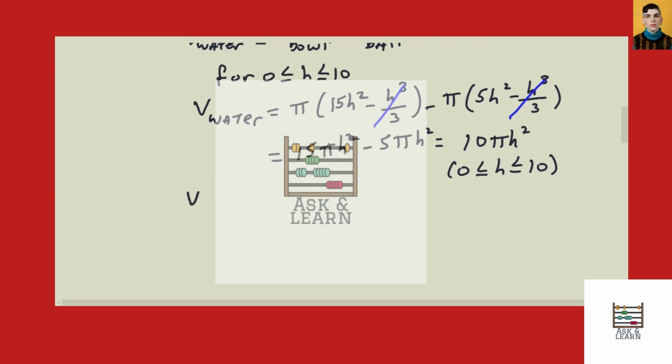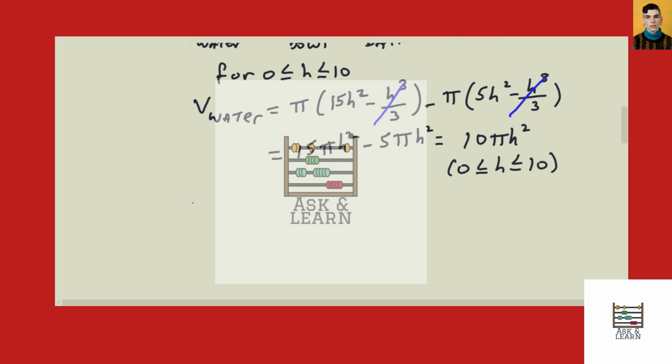So then for 10 less than h less than or equal to 15, the volume of the water is the volume of the bowl minus the total volume of the ball.